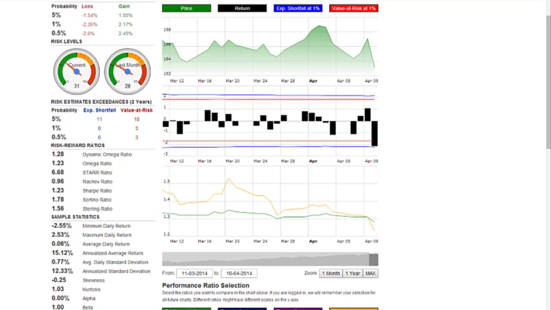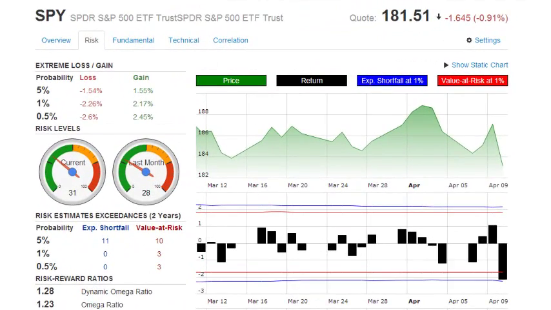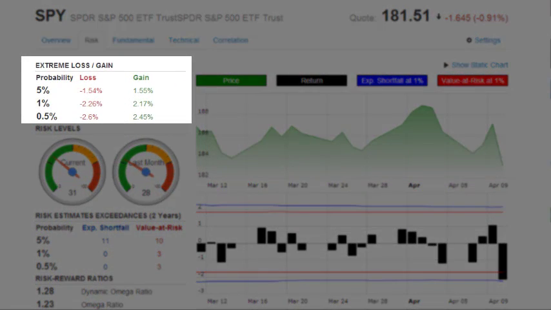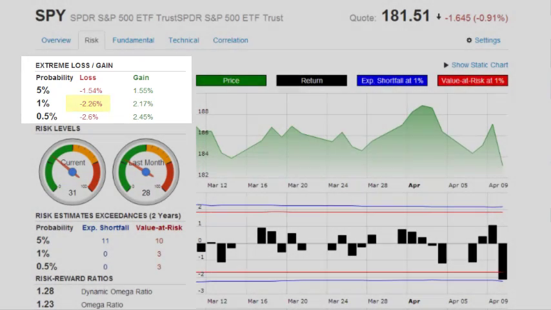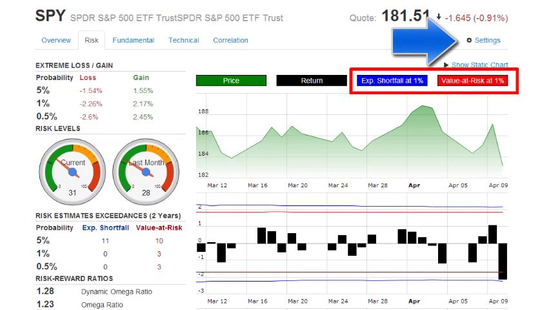Now let's return to a more detailed explanation regarding each section of risk. Starting with the table on the top left, we'd like to point out the extreme loss potential at the 1% level. Today, this is minus 2.26%. We've focused on the 1% level since this matches our charts, but it may be changed under the Settings controls.